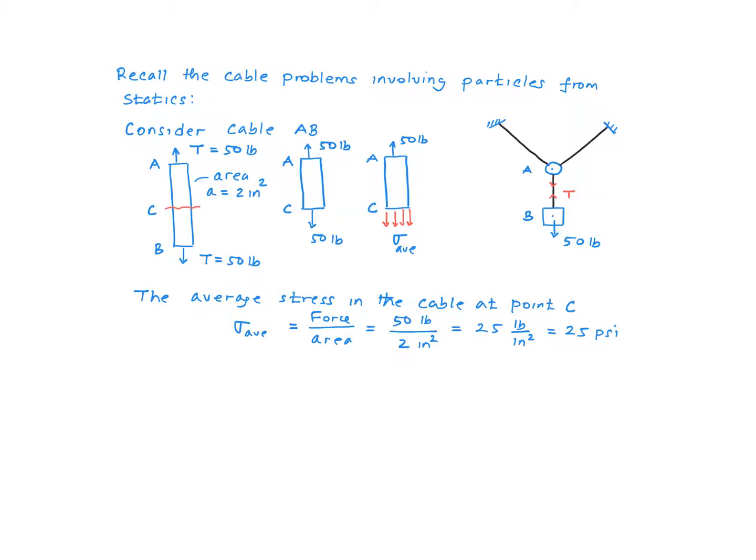What that means is if C then is very close to point A, this stress is not going to be uniform at all. But it turns out as you move farther and farther away from point A, then the stress becomes uniform. So what we can meaningfully define is an average stress. So that's why I used the phrase average stress.